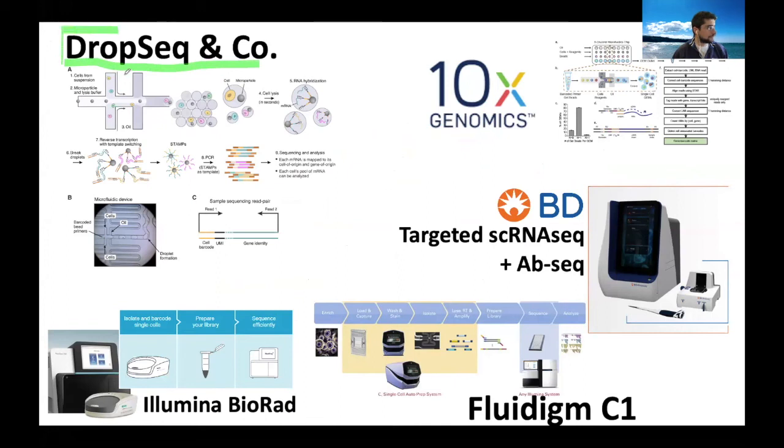Okay, what the DropSeq does is somehow similar to what all the other commercial technologies do, especially 10x and Illumina Biorad. They're basically able to encapsulate in a droplet of aqueous solution in an oil emulsion both a single cell and the reagents that are needed for reverse transcription. On top of the reagents that are needed for reverse transcription, you also have these beads, and these beads have barcodes.